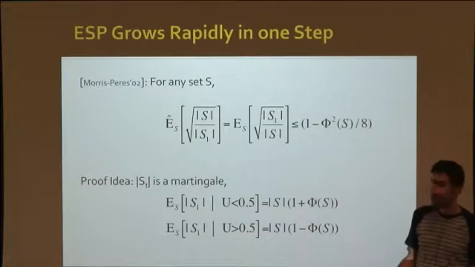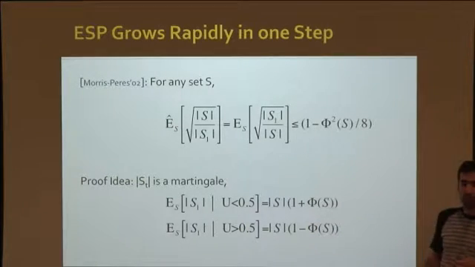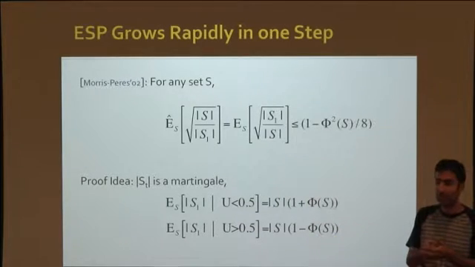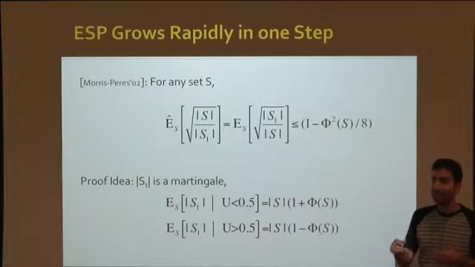And if it is more than 1/2, it would be 1 minus phi times the old one in expectation. The reason follows from the same reason that the probability that the random walk remains inside the set S is 1 minus phi. It's exactly the same reason. So having this in hand, you can just prove this using Jensen's inequality.